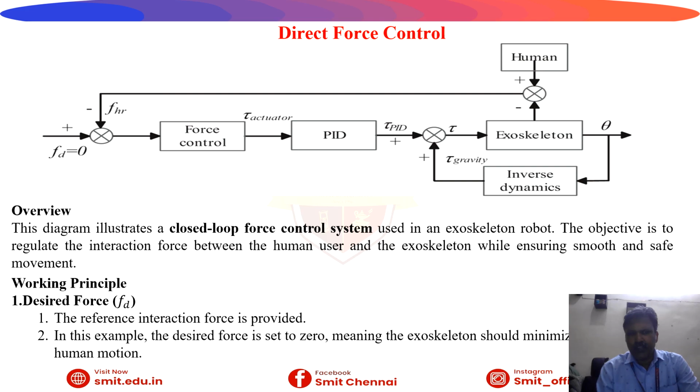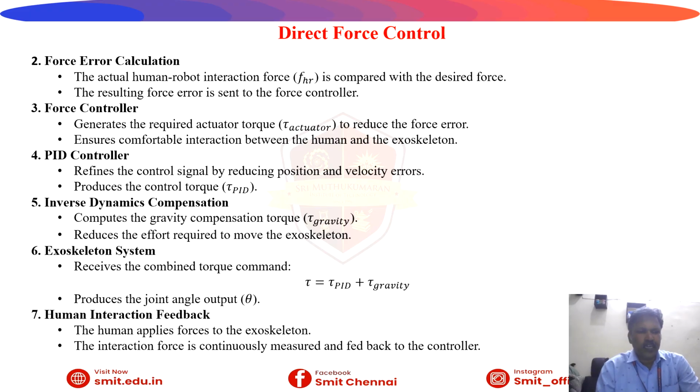Working principle: the desired force Fd, the reference interaction force, is provided. In this example, the desired force is set to 0, meaning the exoskeleton should minimize resistance to the human motion. Force error calculation: the actual human-robot interaction force F is compared with the desired force.